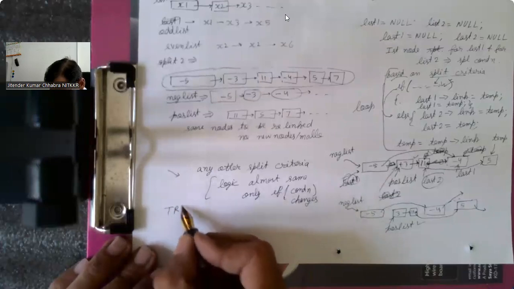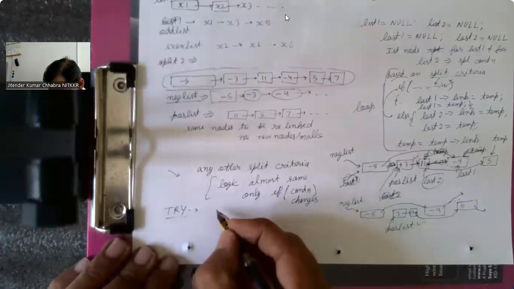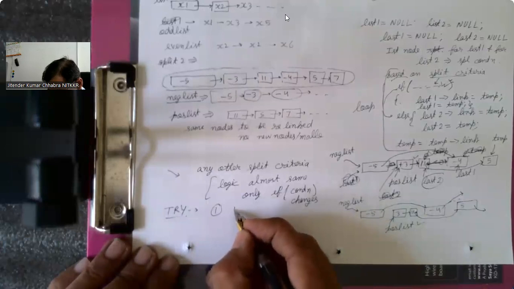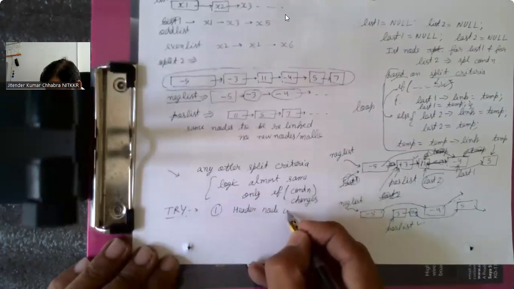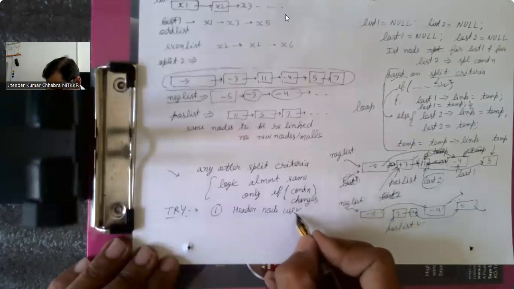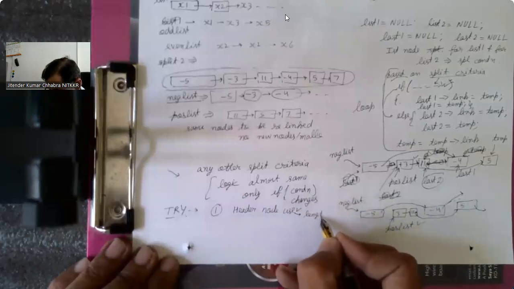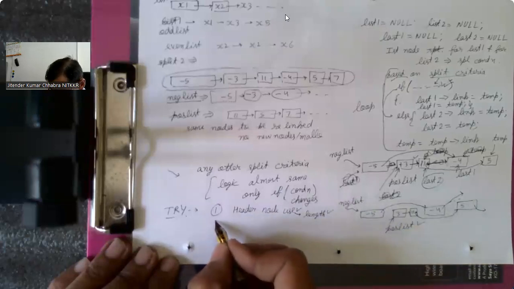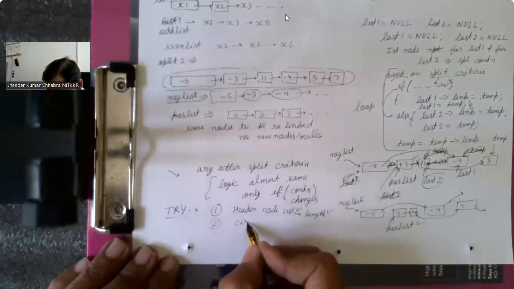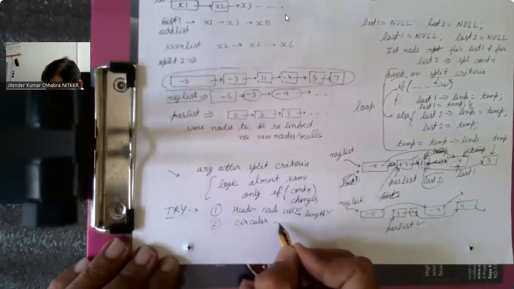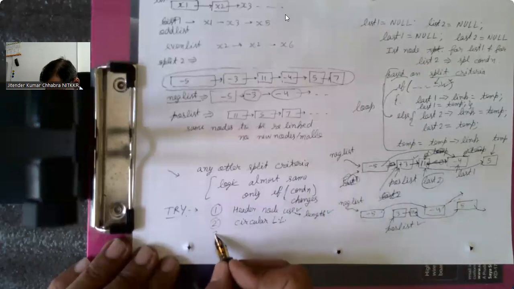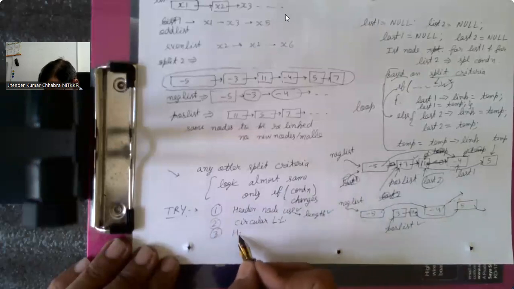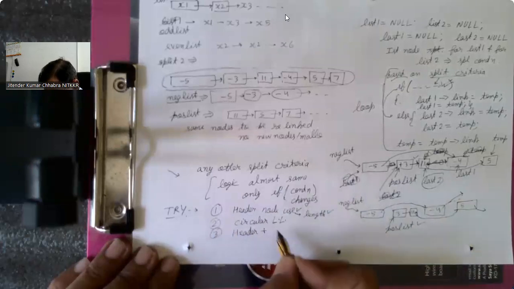So just to wind up, for your practice, you must practice all 4 concepts which we have discussed. Your header node, use it for any operation, including storing here the length or minimum or maximum also. You can also try any operation on circular linked lists, singly as well as doubly. You can also combine the header node plus circular.